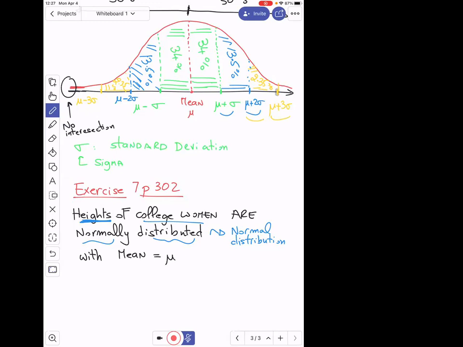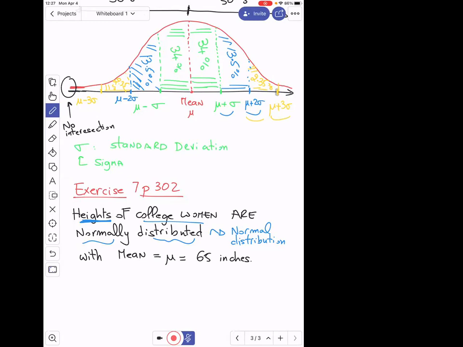So mu is equal to 65 inches. Here we don't have a sample mean, guys. This is the population mean, the average of the heights of all college women. It's not a sample mean.